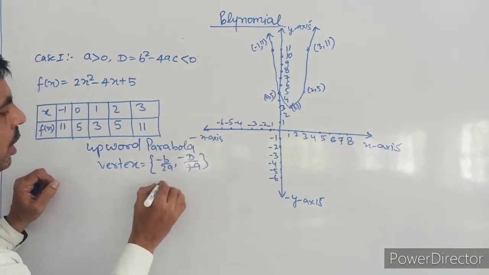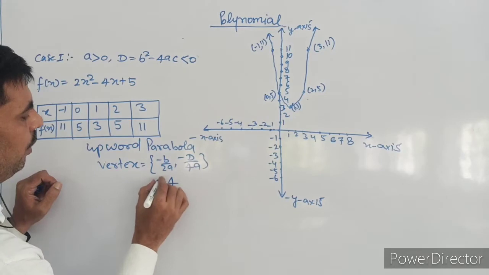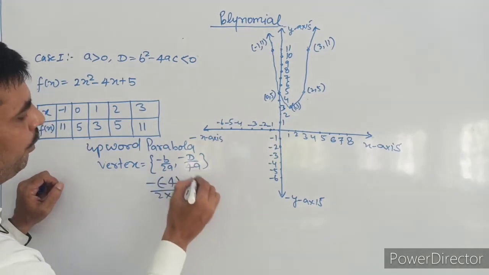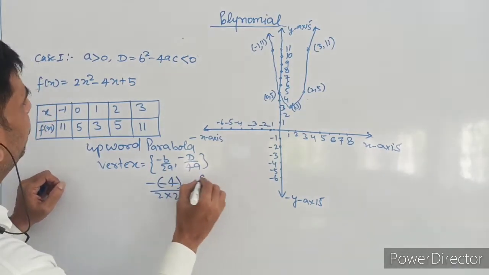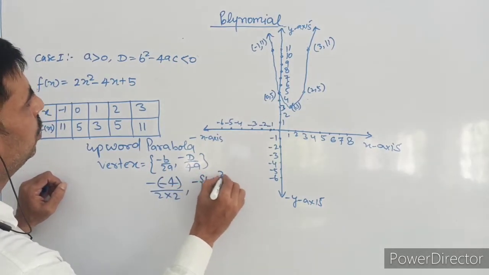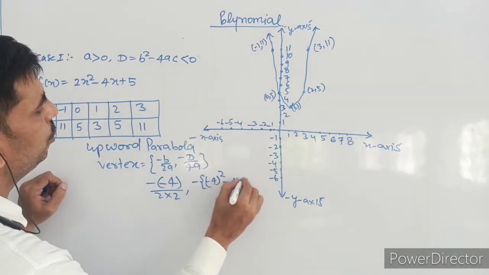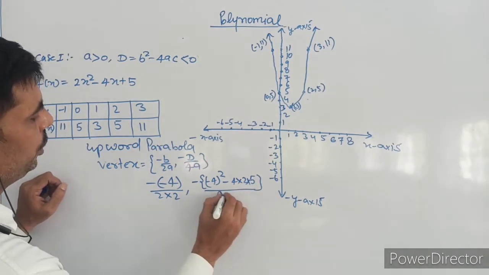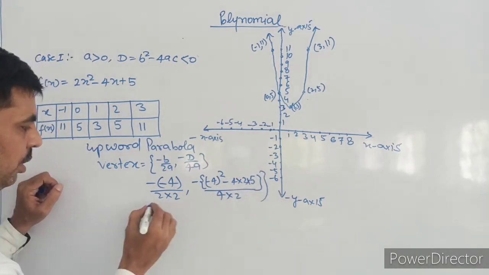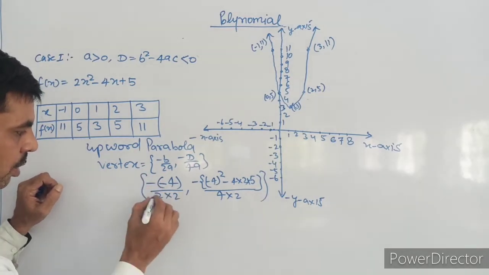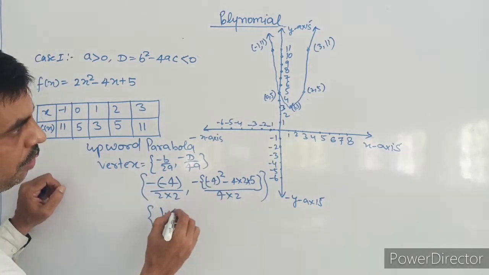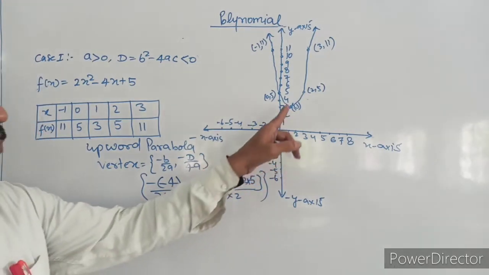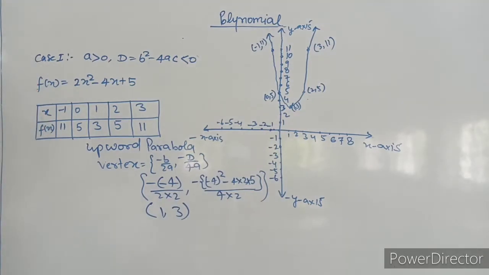If you put in the values here, -(-4)/(2 into 2) and (b square minus 4ac) as (-4) square minus 4 into 2 into 5, upon 4 into 2, you solve it and you find 1 and also 3. That is our vertex.